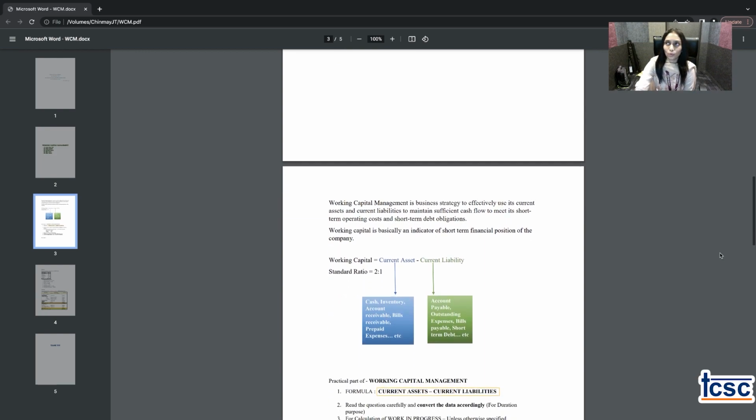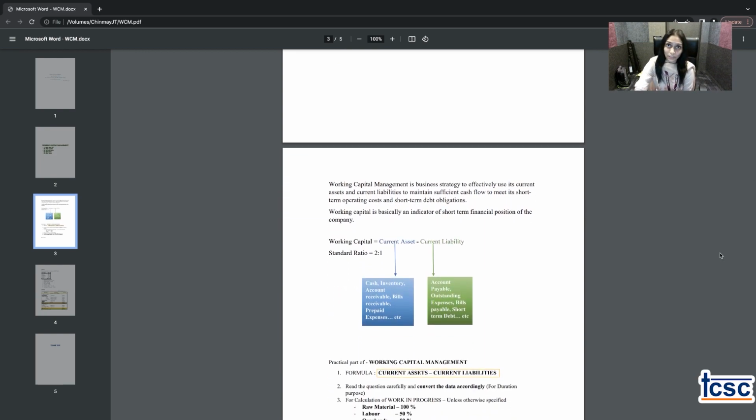In your previous chapters, you definitely would have studied what is working capital. So what is working capital, students? Working capital is that amount of cash which is required by the business for its day-to-day activities, for running its business operations.